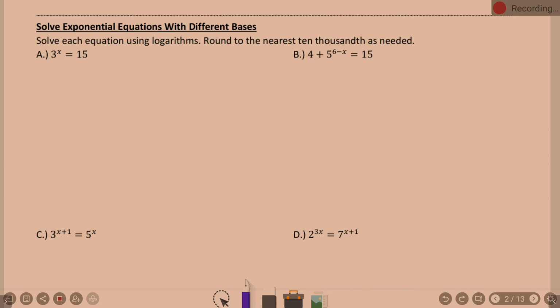And this is where plan B comes into place. We can't get the same base, so this is where we're going to take the log of both sides, and we're going to work from there to solve for x. Now, taking the log of both sides, first of all, you need to have the power by itself. We already have 3 to the x by itself, yes?